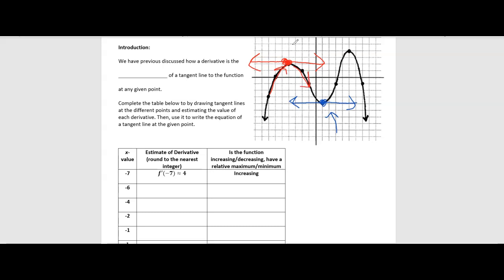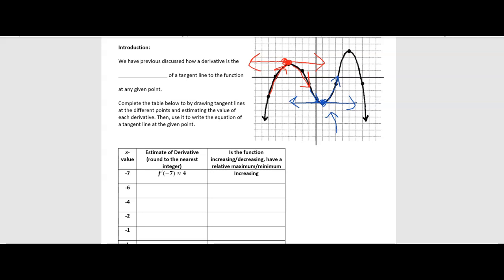If the function is going up and then coming down, you're going to have a maximum point up there. Likewise, if the derivative is equal to 0 and the function is going from decreasing to increasing, right? If you go down and then you come back up, well, that point at the very bottom is going to be the lowest point. It's going to be a relative minimum. So those are the 4 relationships we can pull out of this graph and table.